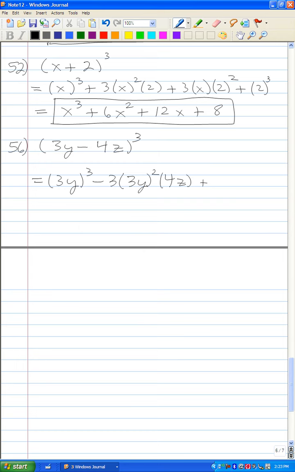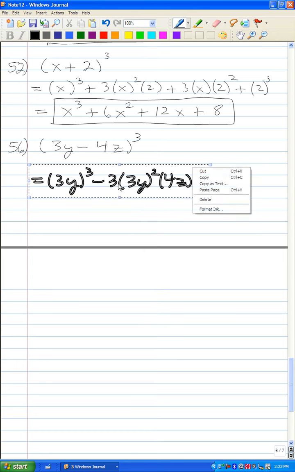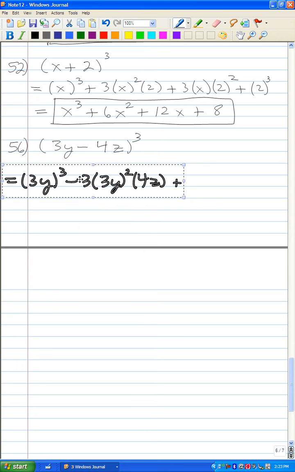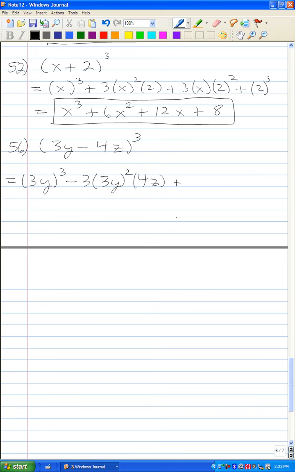Let me move this out. Plus 3y 4z squared minus 4z cubed. So a minus b cubed is a cubed minus 3a squared b plus 3ab squared minus b cubed.